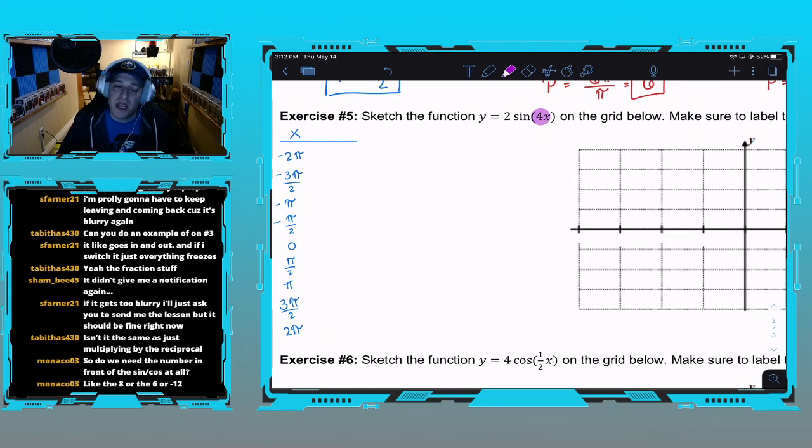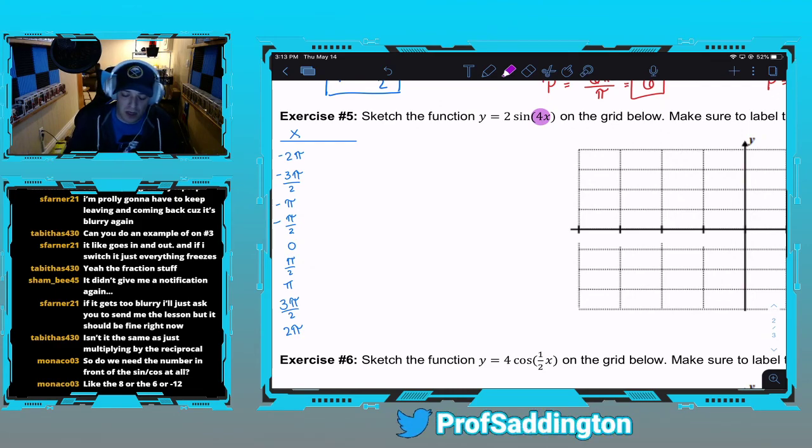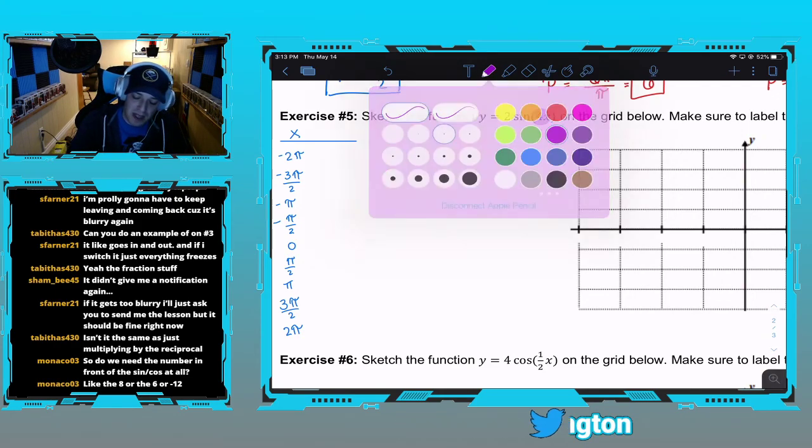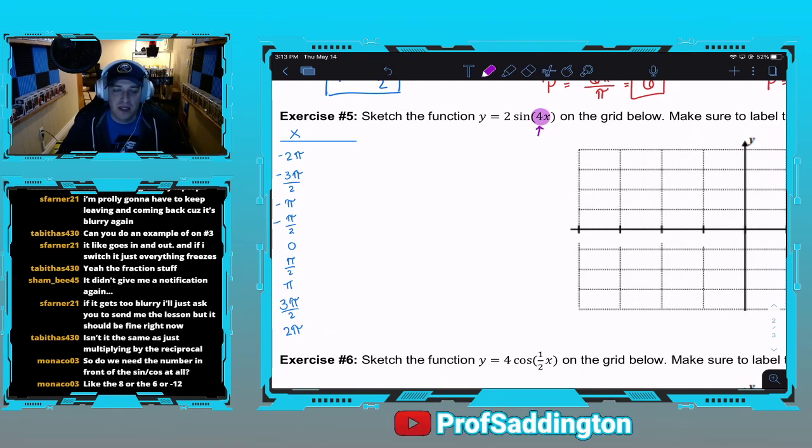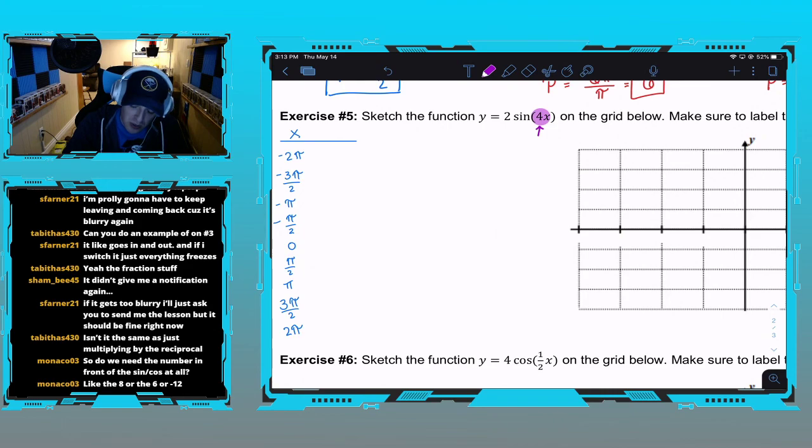Now on the front page, I wrote this down, but I'm going to talk about it again. We have to recall what happens in transformations. So if we have something that's being done to the inside of the parentheses, we really have to do the opposite operation.